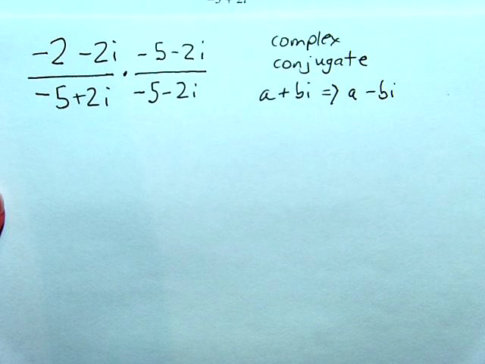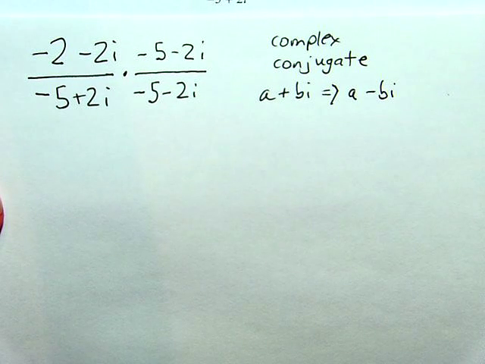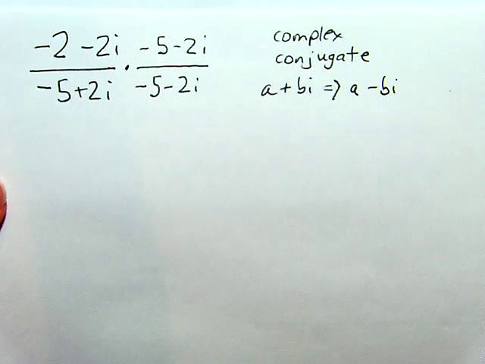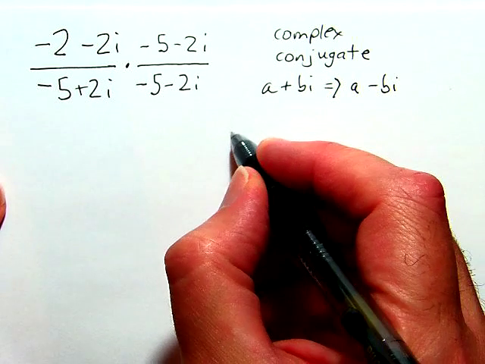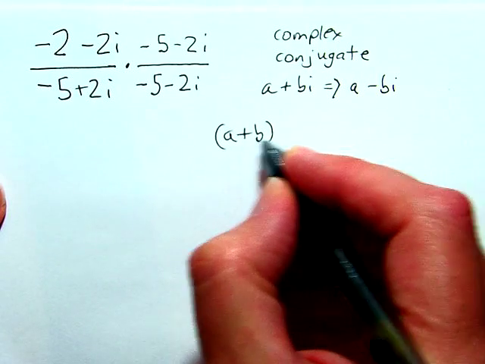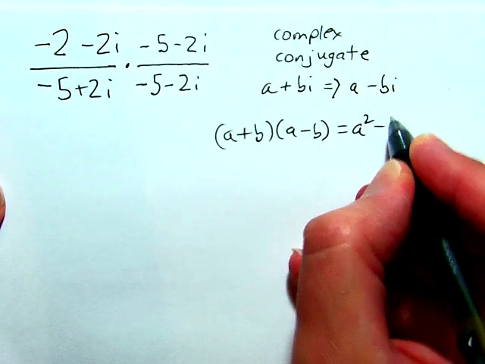Now, I could multiply the denominator using FOIL or many different methods that are all valid and will all work. However, what I am going to suggest in this case is to use a fact known in geometry, which is that a plus b times a minus b is equal to a squared minus b squared.